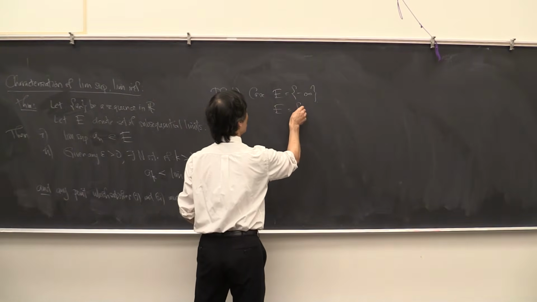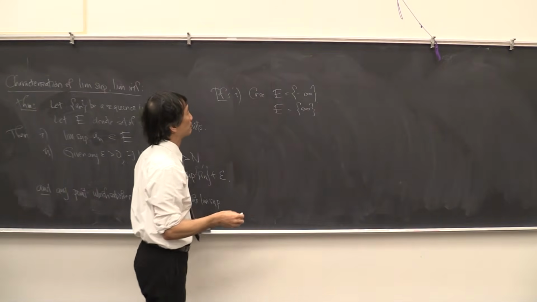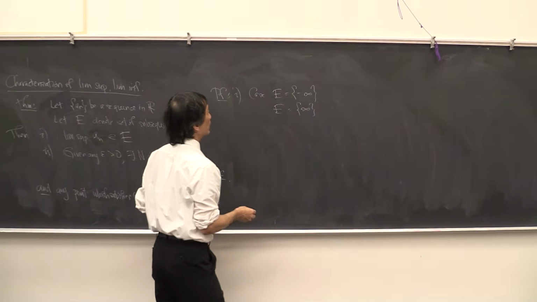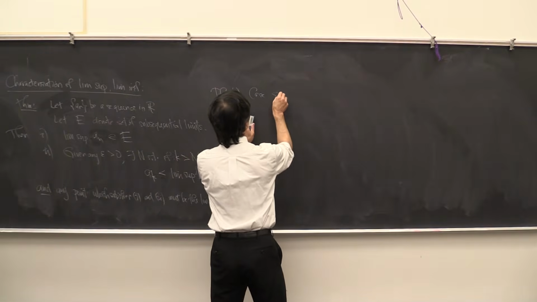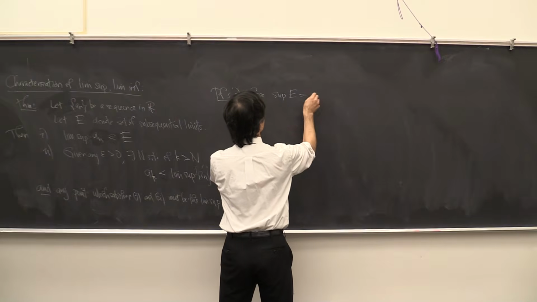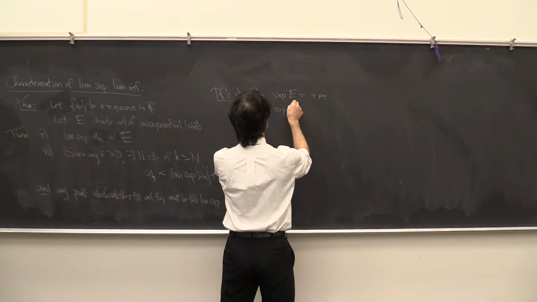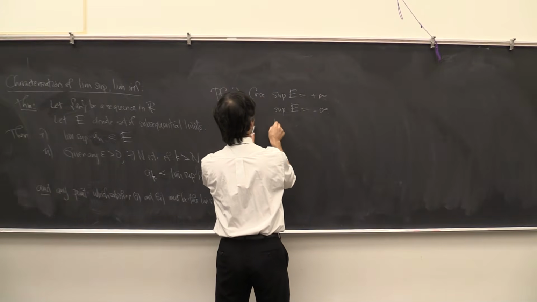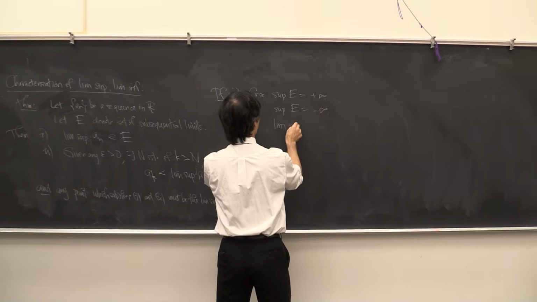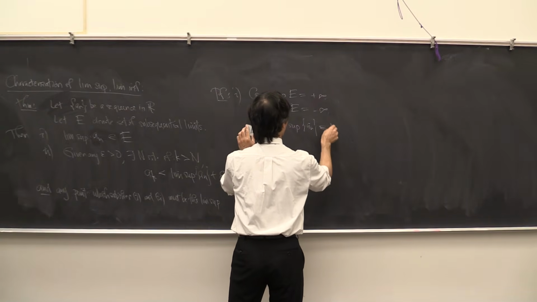Case 2 is where the supremum is positive infinity. Sorry, where the supremum is positive infinity, where the supremum is negative infinity, and where the supremum is a real number.